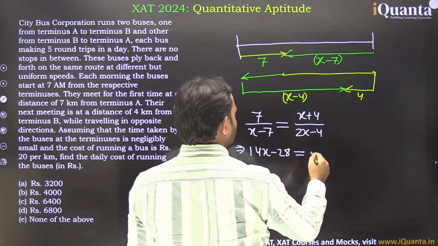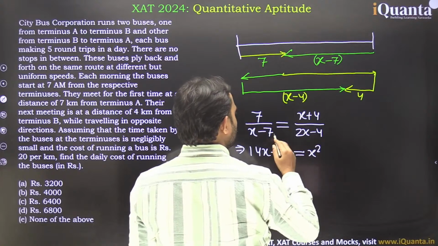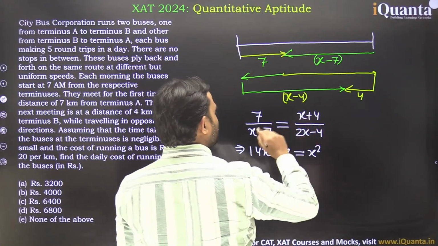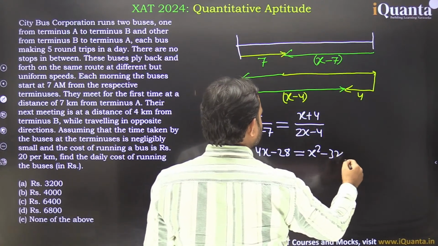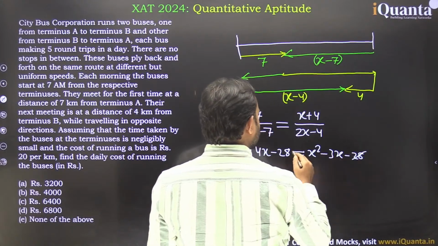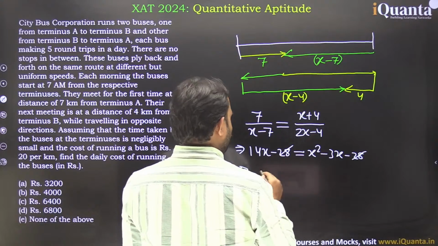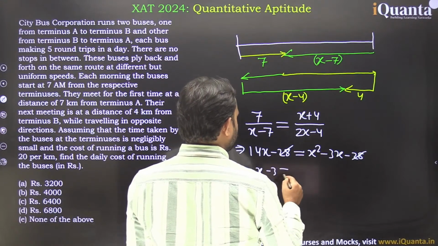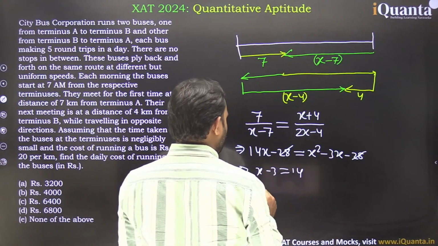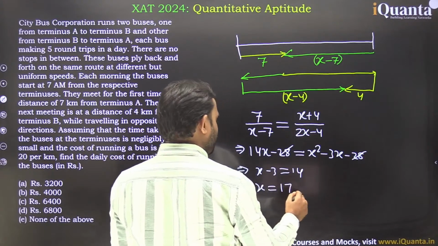This will be equal to x squared minus 7x plus 4x minus 3x minus 28. So minus 28 cancelled out. We get x minus 3 is equal to 14, or x is equal to 17.